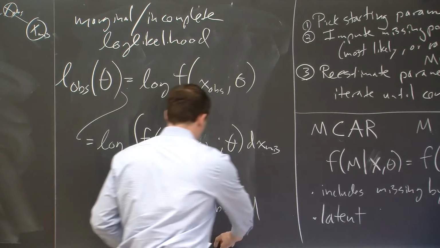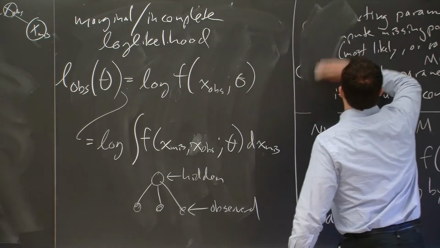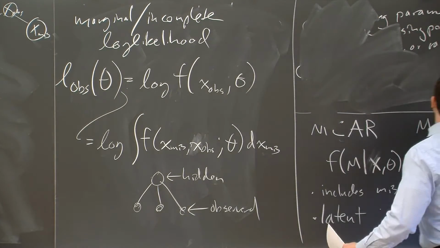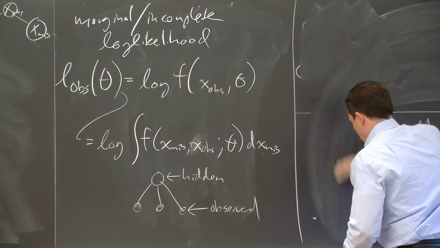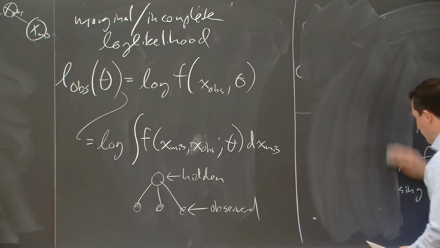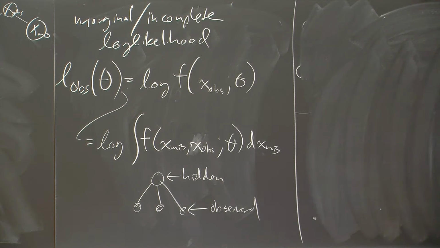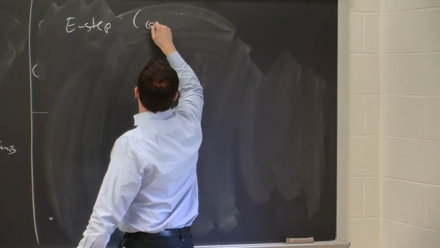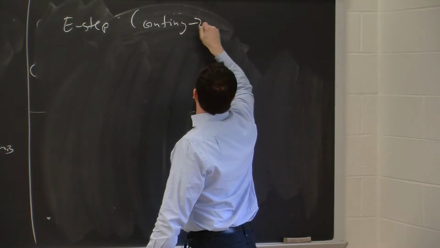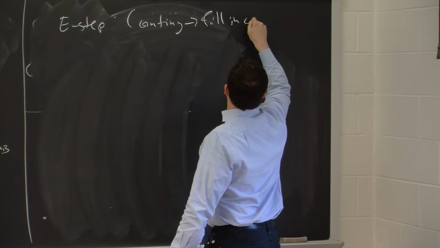So we said that in the E step of the EM algorithm, what are we doing? We're imputing the missing data. So in the E step of the EM algorithm, for contingency tables, we're filling in cells.